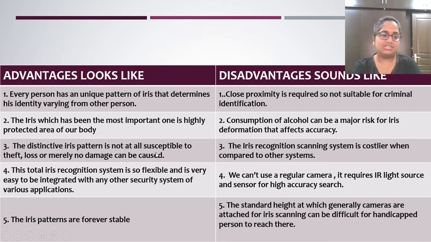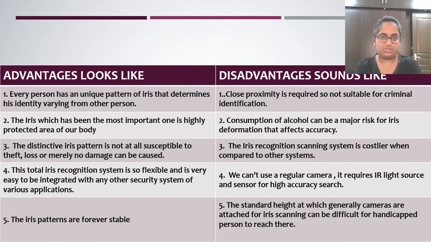Coming to the advantages, every person will have a unique pattern of iris, and the iris, which lies deep in the human eye, is a very highly protected area of the body and is not very easily damageable. Third, the distinct iris pattern is not at all susceptible and cannot be manipulated to be involved in some theft or loss, or cause any damage to any particular organization.